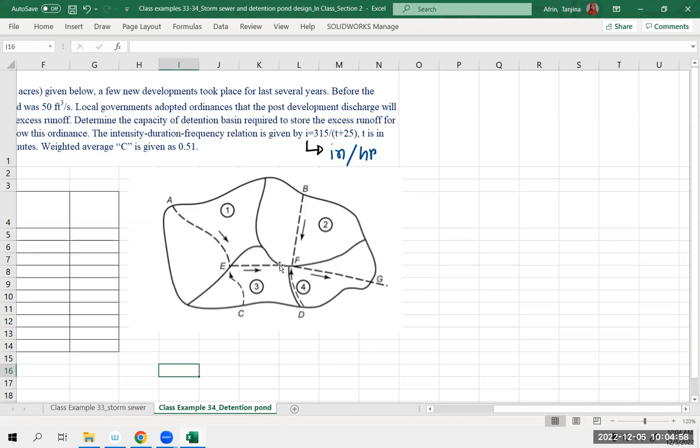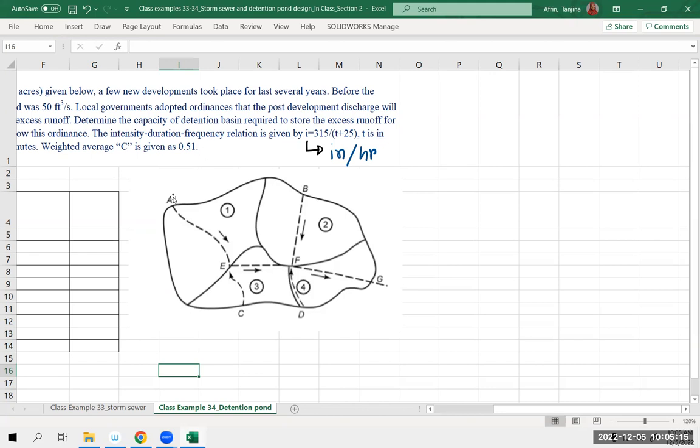If you have multiple C values, how do you find the weighted average? Like C1 A1 plus C2 A2, divided by A1 plus A2. I skipped that step and gave you the direct weighted average C, which is 0.51.